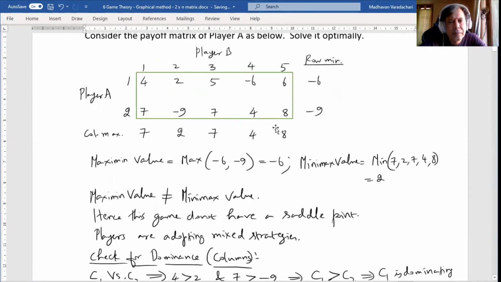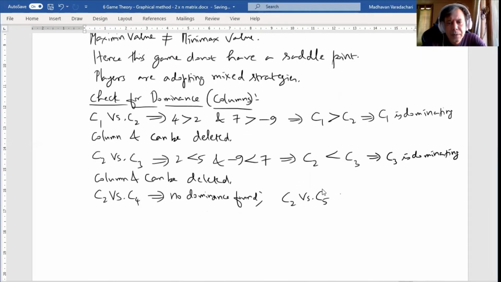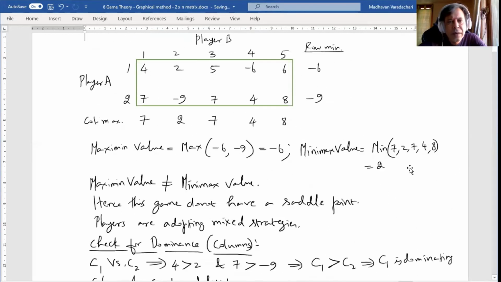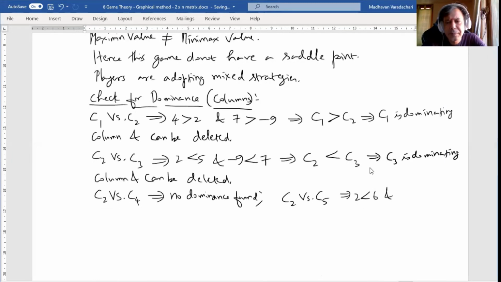Let us check that. 2 is lesser than 6, -9 is lesser than 8. So I can say C2 is lesser than C5, which means C5 is dominating.